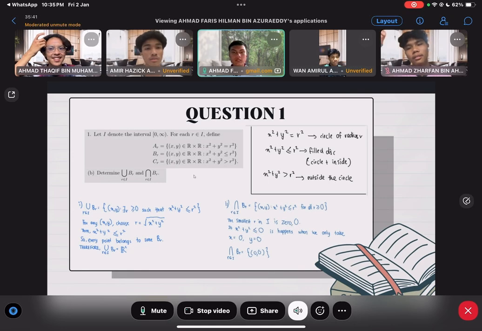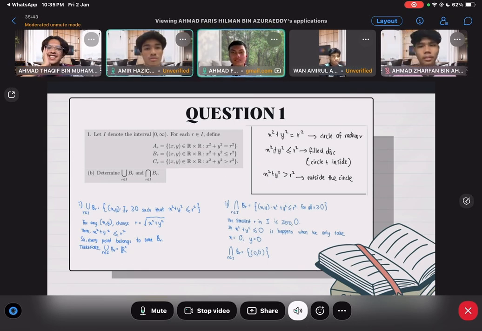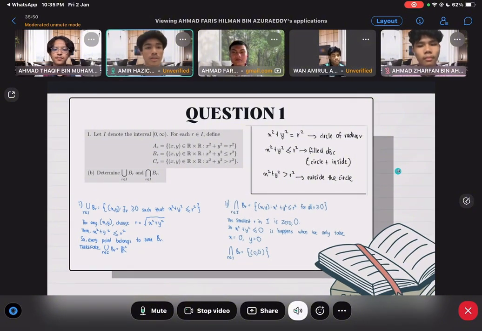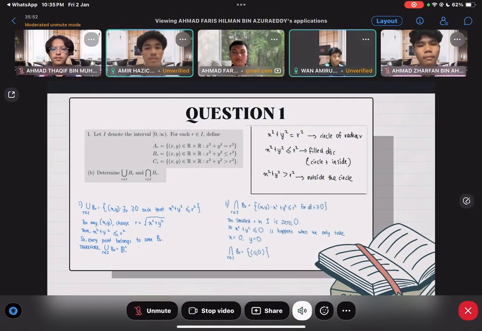Next, the set B_r. It contains the elements (x, y) in R squared, and it asks us to determine the union over r in I of B_r and the intersection over r in I of B_r.